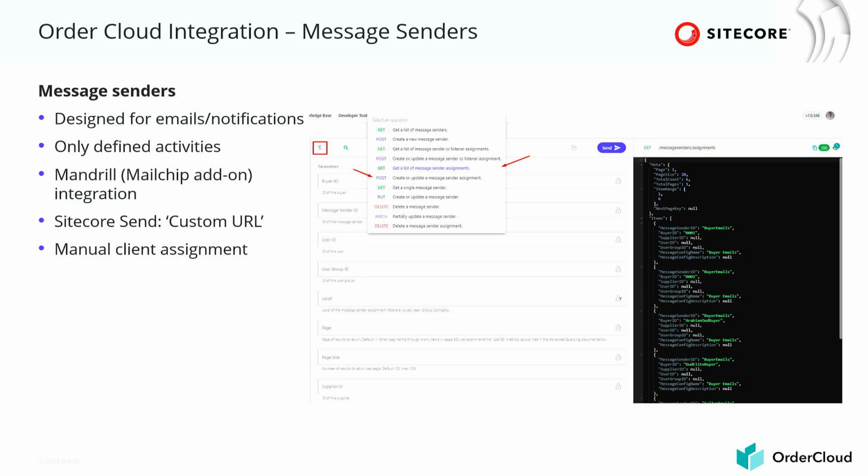But to summarize what message senders are and what they can be used for: it's kind of like webhooks but designed for notifications. And now we have at least an answer for the first question, where we will send email from. We will configure a custom endpoint and use it in the message sender.